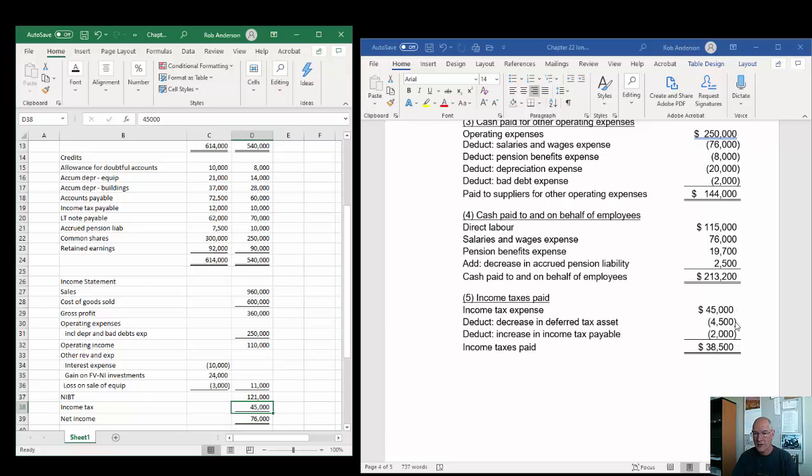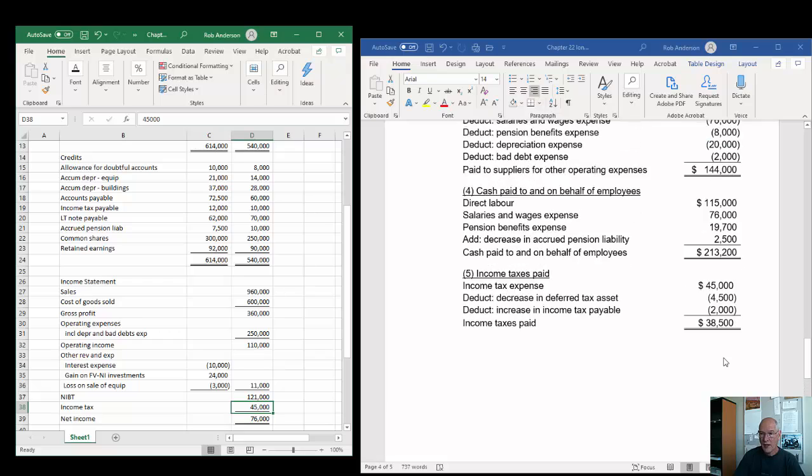So in terms of cash outflow, we did not pay that $4,500. And our income tax payable went up. So we actually chose, or were allowed to for some reason, to pay them even less. So our debt to CRA increased, so we didn't pay that part either. So we only actually paid cash $38,500, even though our expense was $45,000.